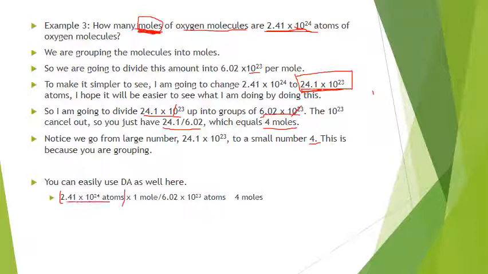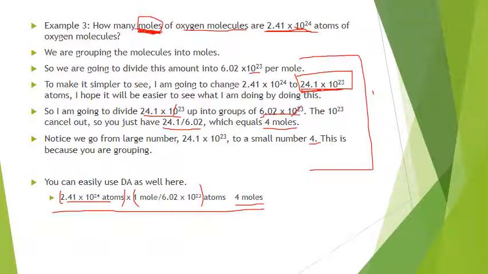So here's your starting amount, and then here's your conversion, and you get your answer. Again, I don't care which one you use, but show your work and your units. This one here conceptually made sense to me. This one here is just math, a method.